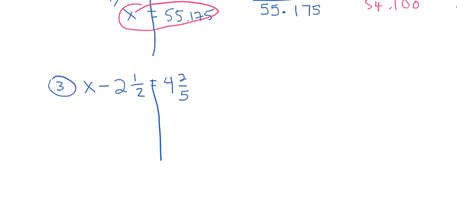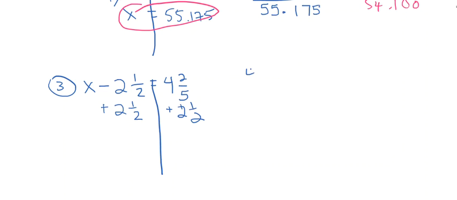Draw a line down where the equal sign is, x minus 2 1/2 on the left side. The inverse operation of subtraction is addition. So you're adding 2 1/2 to both sides. So you're adding fractions here.